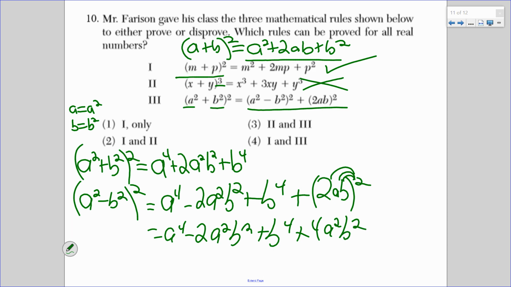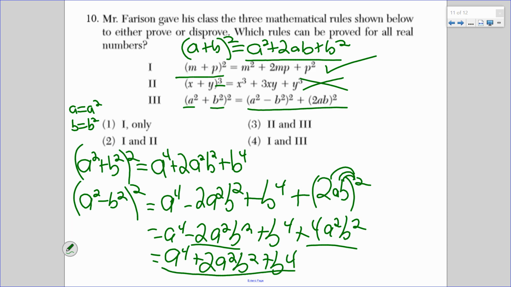When I combine like terms, negative 2a squared b squared plus 4a squared b squared is positive 2a squared b squared, plus b to the fourth. This is the same as this. So it holds true. 1 is true, 3 is true, and 4 is the answer. It gets a little messy with the algebra, but this question has to do with your binomial squared theorem.